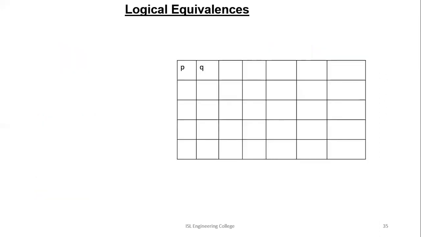The next set of laws are De Morgan's laws. De Morgan's law is very important and is to be remembered very carefully. So before I write the truth table, I'd like to explain De Morgan's law in this way.